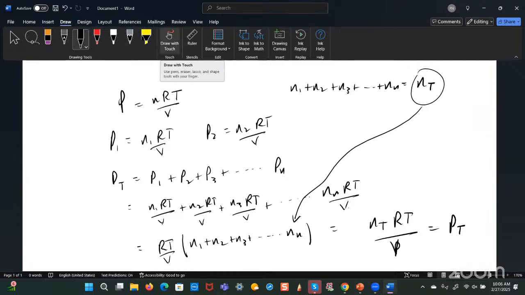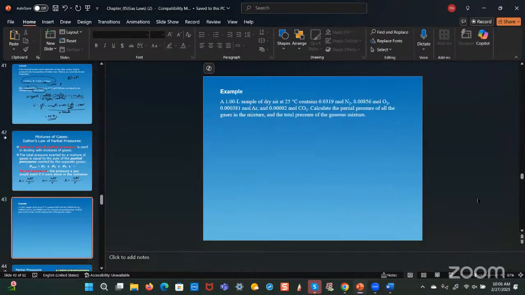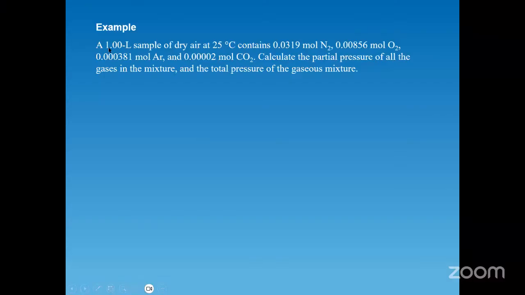So, going back to the PowerPoint, there's an example in the next slide, which says a 1.00 liter sample of dry air at 25 degrees Celsius, and it gives you the moles of each of them: 0.0319 moles of nitrogen, 0.00856 moles of oxygen, 0.000381 moles of argon, and 0.00002 moles of carbon dioxide.